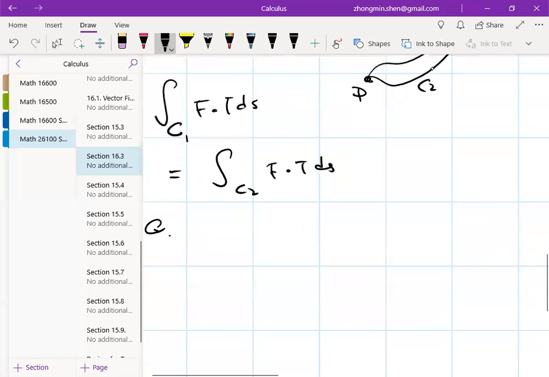here's a question, right? F of x, y is going to be, that's two-dimensional. Let's just use three-dimensional because I already mentioned three. It is going to be x, y, z.